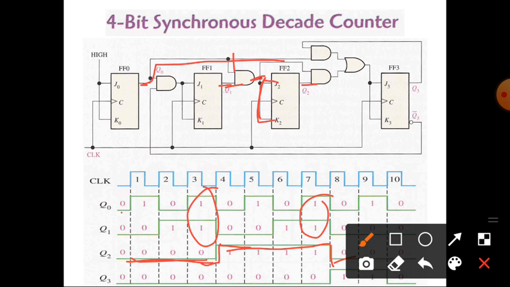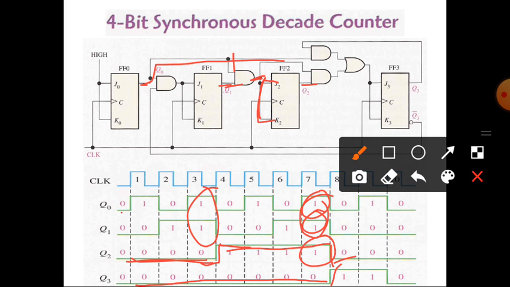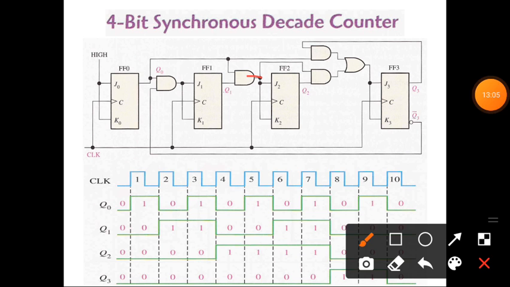Then the next one is Q3. Q3 changes when Q0, Q1 and Q2 are all 1. Then it changes its state. So here this is Q0, Q1, that is taken and given here, and Q2 here.